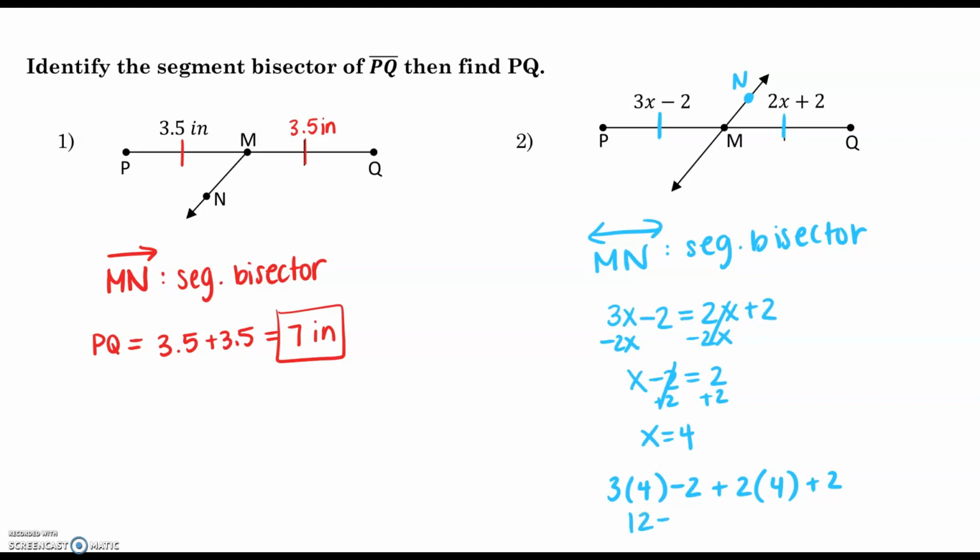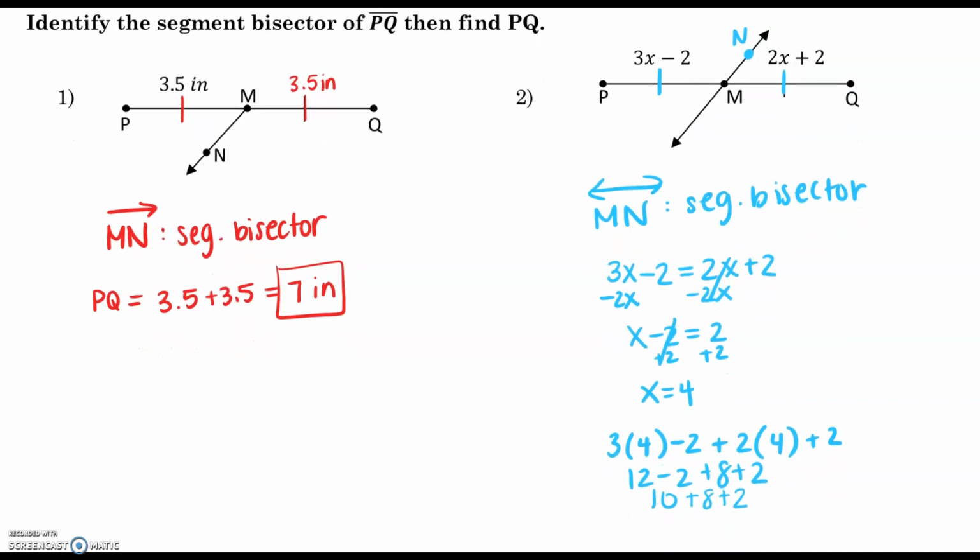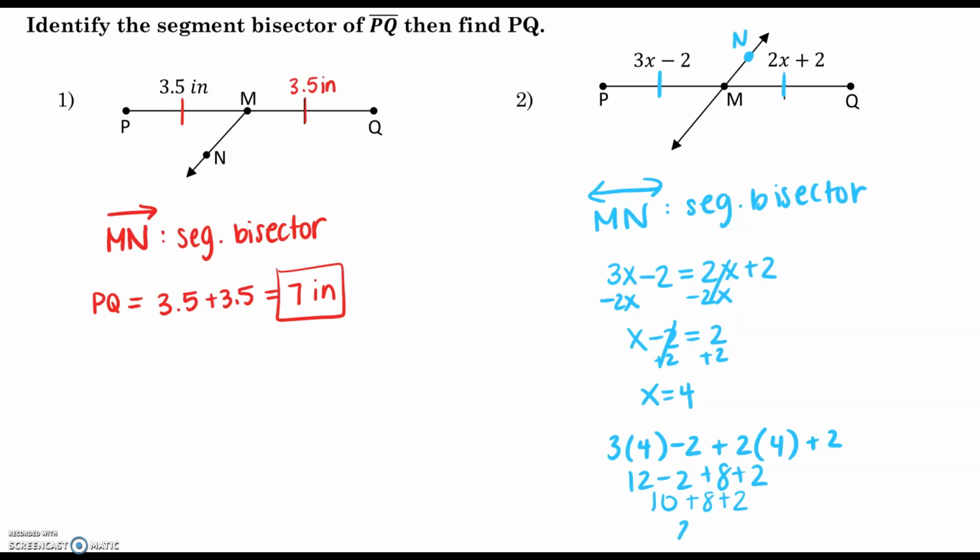So we get 12 minus 2 plus 8 plus 2. 12 minus 2 is 10, plus 8 plus 2. So we get 20. So PQ is equal to 20 units.